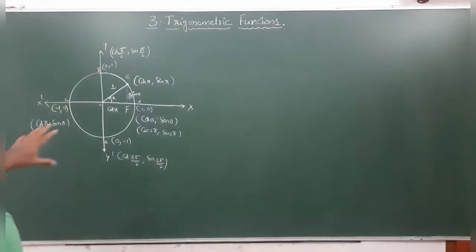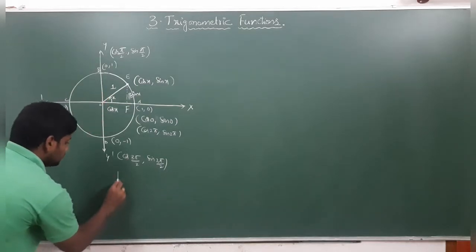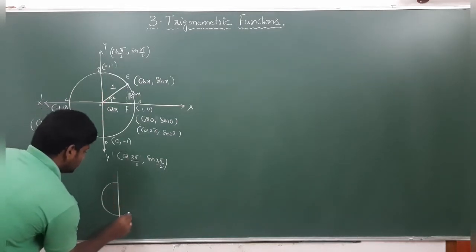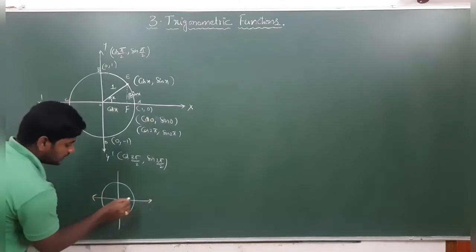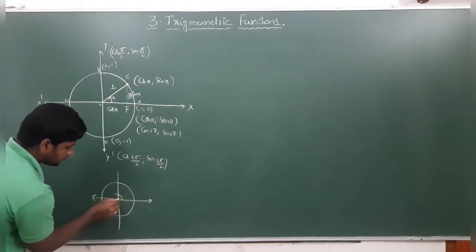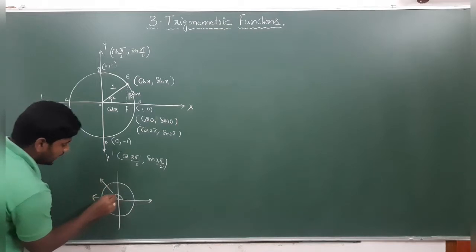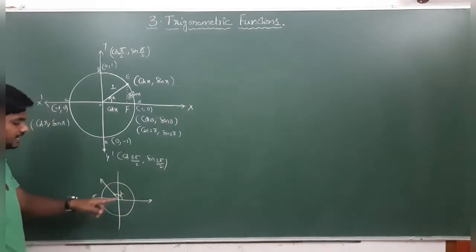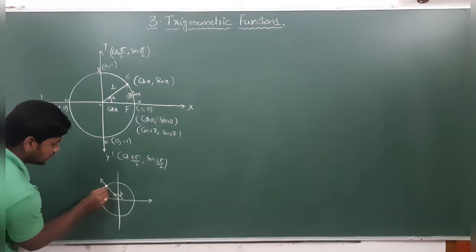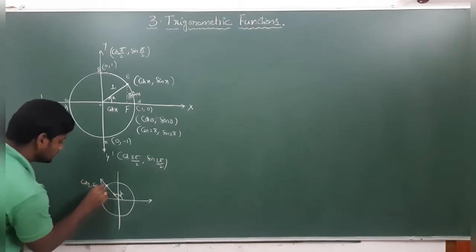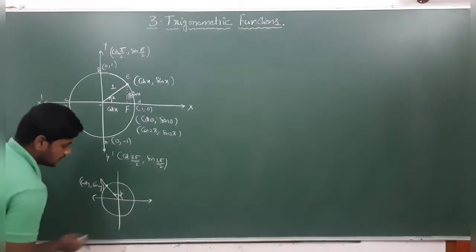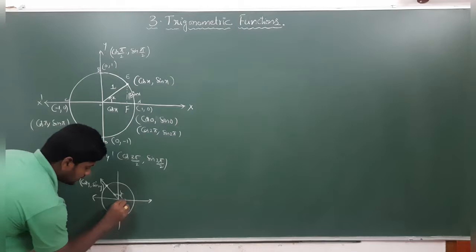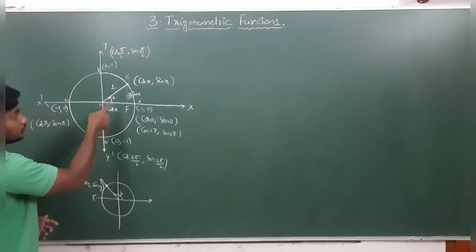See, from this, for example, if it is a unit circle, the angle from here to here, if the angle is y, see what is this point, guys? This point is cos y comma sin y. So based on that angle, we can write the point. For example, is this clockwise or anti-clockwise?